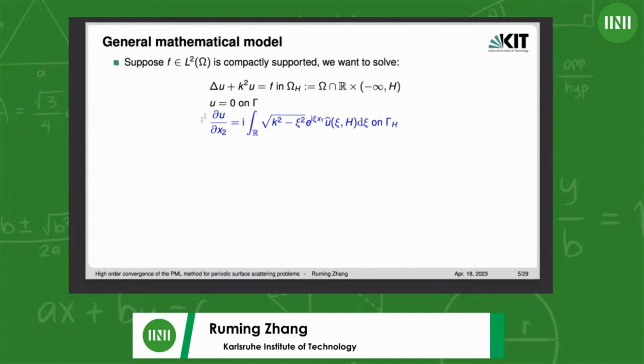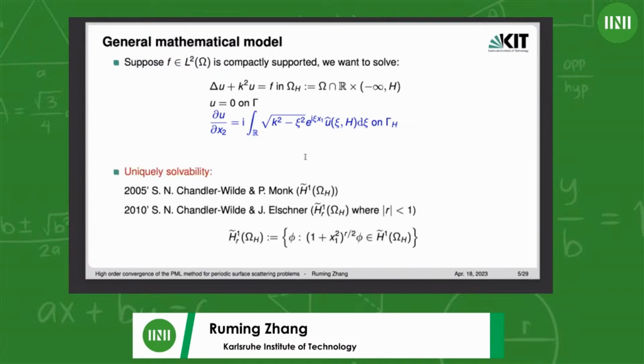The propagating radiation condition is written here. It is given by a Dirichlet-to-Neumann map, and U hat here is the Fourier transform of U on gamma H. This is the general mathematical model we want to talk about. Here we only require that F is in L2, but we still assume that gamma is as smooth as we want, just to make sure we don't get stuck with other complexities.